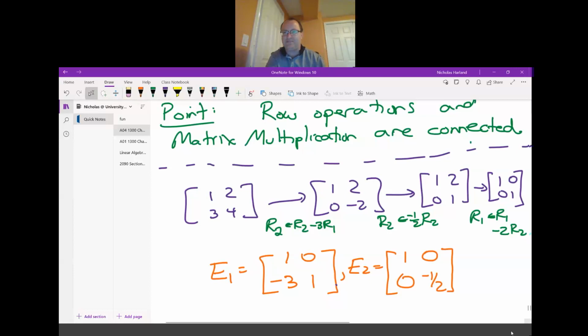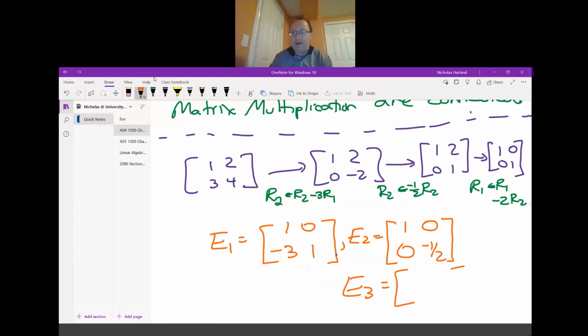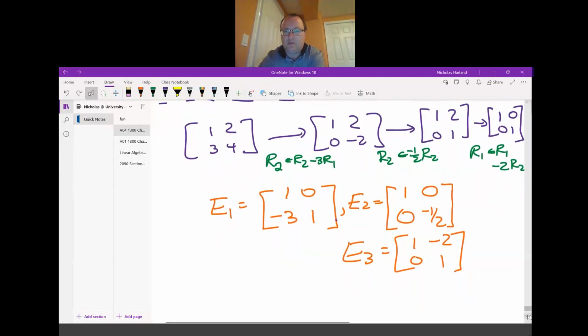That's not an elementary matrix. So everything flies out the window. So for a new elementary matrix, you always go back to the identity. You perform the row operation to the identity, not the previous elementary matrix. Then E3, again, is the identity with the third row operation applied to it. So that's how we find E1, E2, and E3.